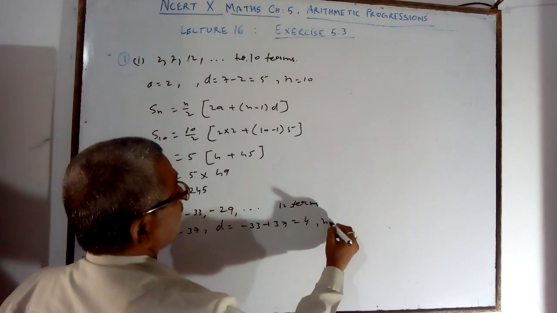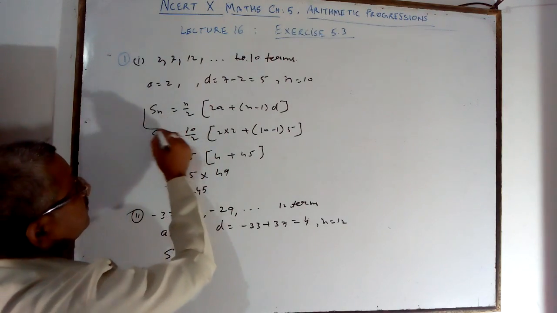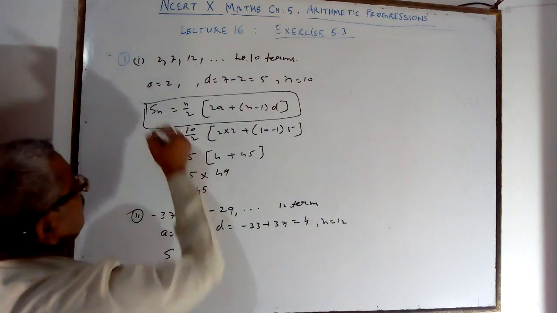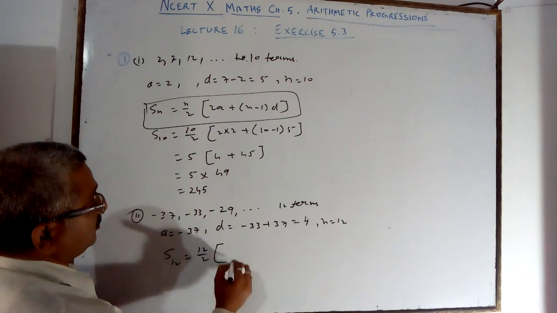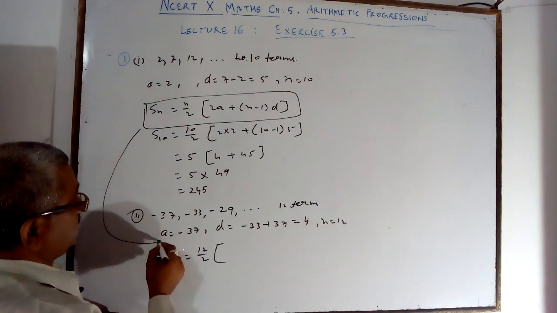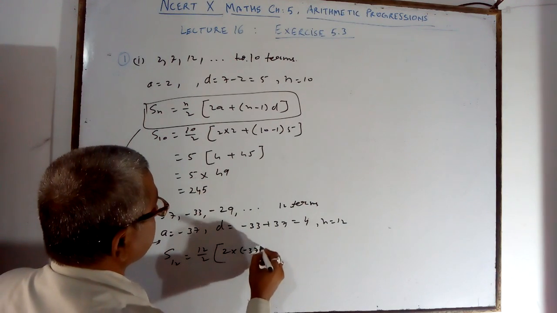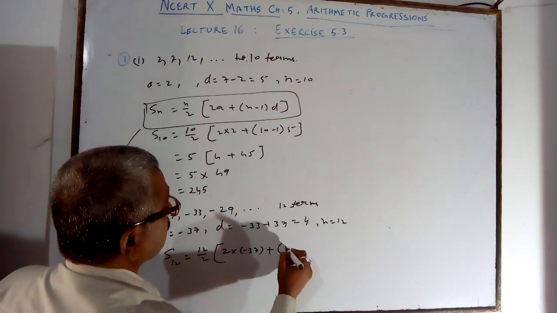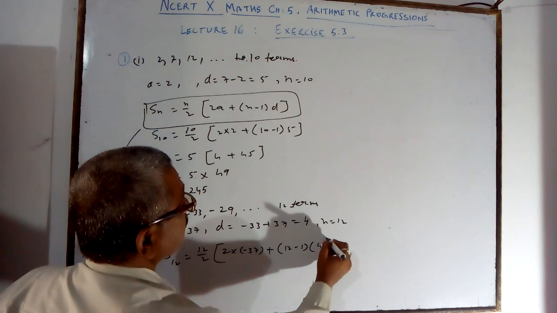And what is n given? 12. Put the values in the Sn formula you have written. This formula you will write in all of them. So Sn is equal to, meaning S12 is equal to 12 by 2 times (2 into minus 37 plus (12 minus 1) into 4).